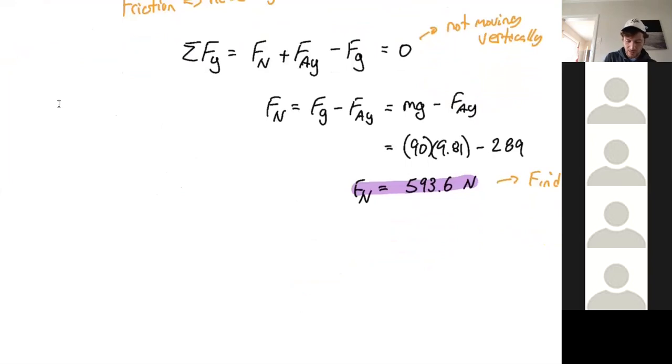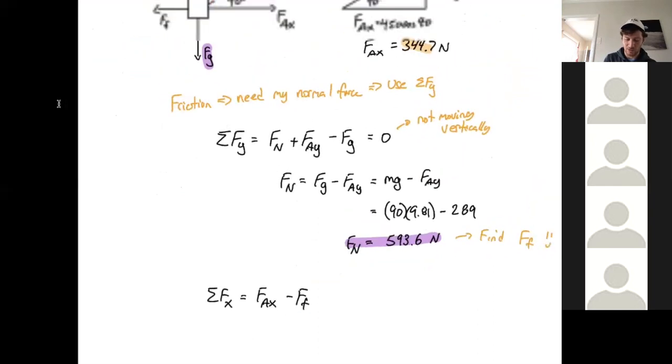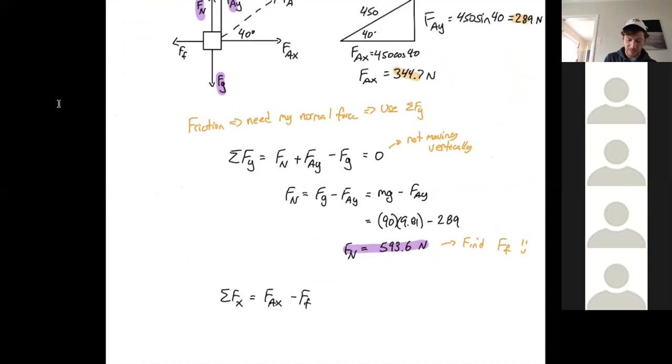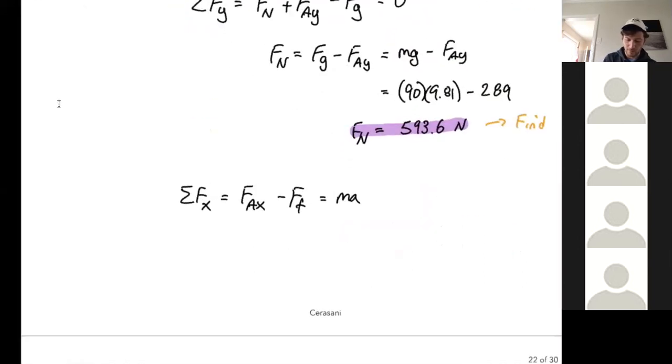So now let's go to the sum of the forces in the x direction, in which case all we have is Fax minus the force of friction, right? We're looking at this right here, Fax minus the force of friction, and this is going to equal mass times acceleration. Oh my goodness, I'm out of room already.